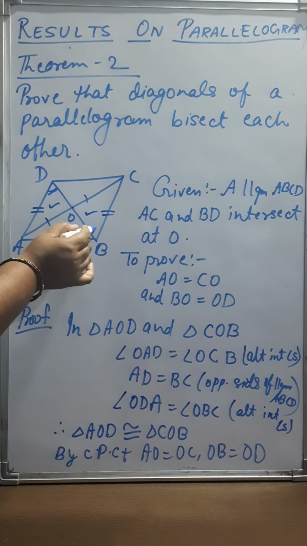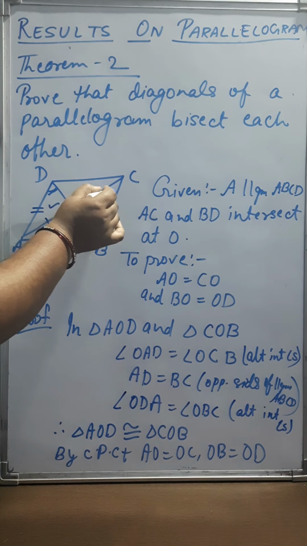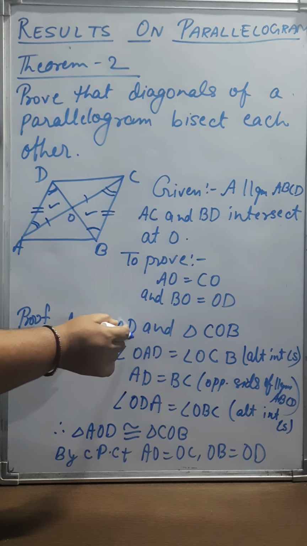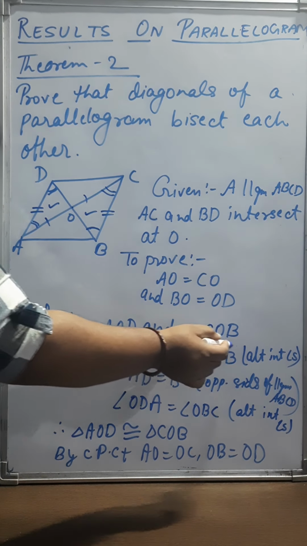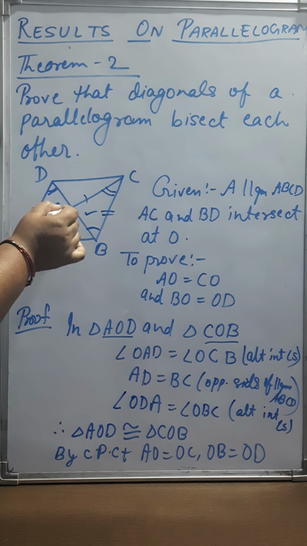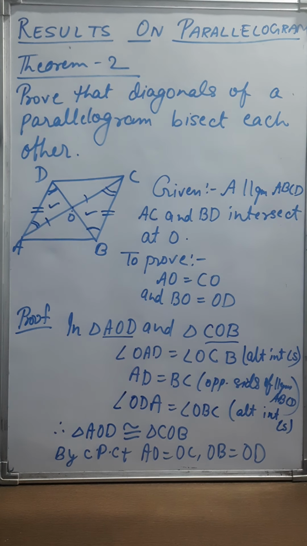This angle is equal to this angle, alternate interior angles, and this angle is equal to this angle, again alternate interior angles. So triangle AOD is congruent to triangle COB, and by CPCT we can write AO is equal to OC and OB is equal to OD.